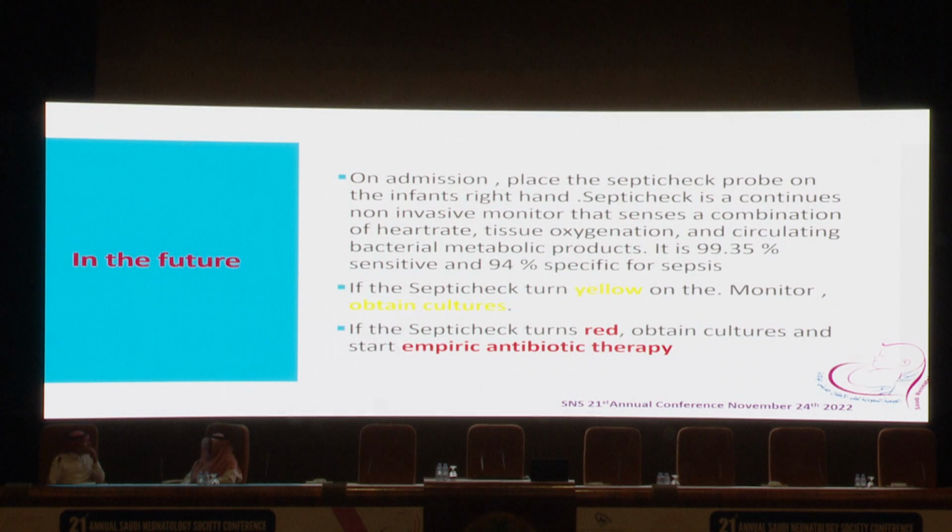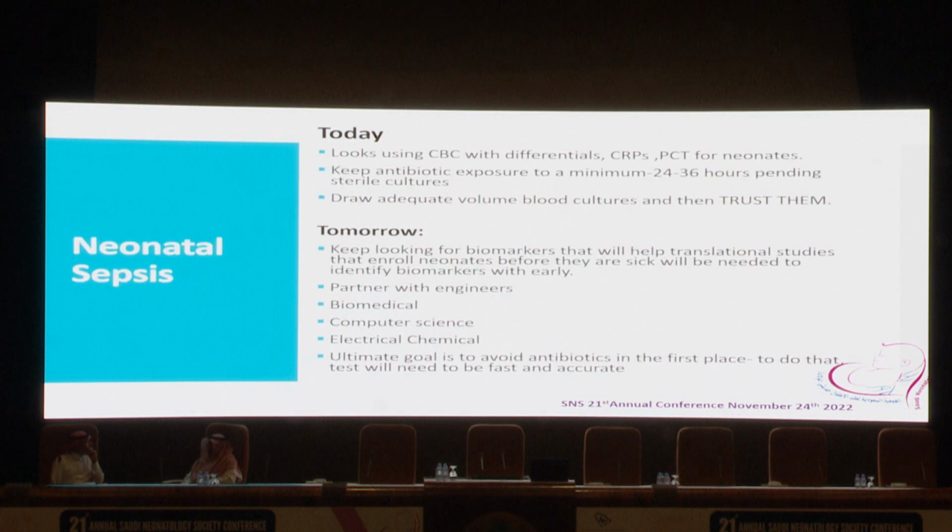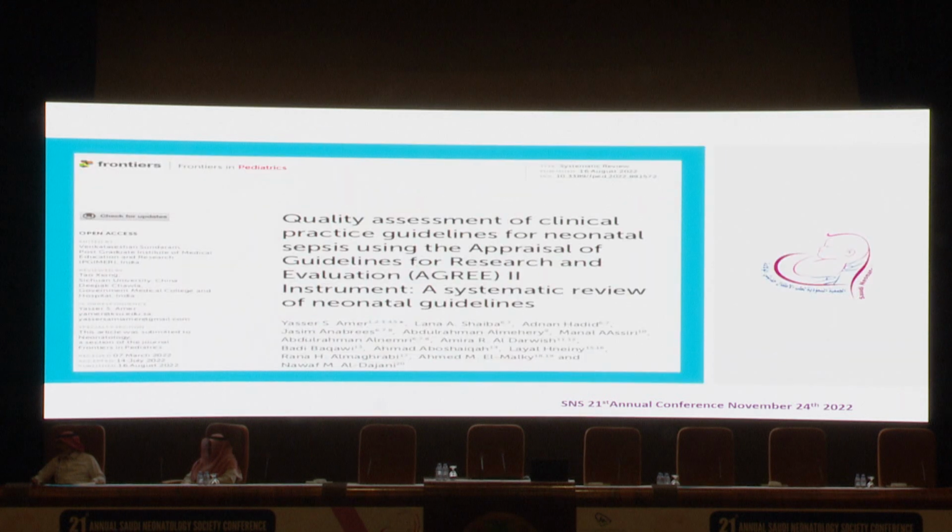I think by that time, if that happens, there will be no need for ID people. So today, we have to look at the CBC, differential, CRP, procalcitonin, and try to trust your blood culture, but tomorrow we have to work hard on the biomarker with the collaboration of biomedical engineering, computer and electrical engineering.